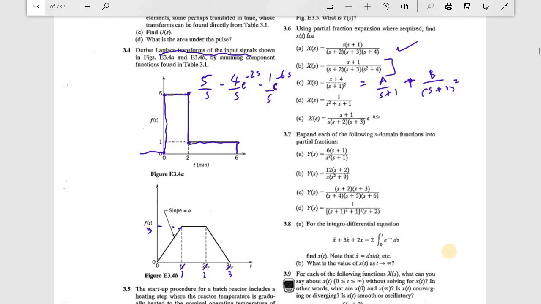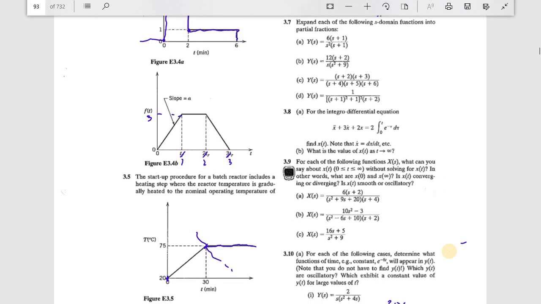So we are going to ignore the time delay, and we are going to work only on the other parts. And the other parts are straightforward. A over S plus 1, B over S plus 2, plus C over S plus 3. We find A, B, and C. We substitute them, and at the end of all our story, after we finish, we just can include our term here of the delay. Okay, so I'm not going to solve that. It looks straightforward.